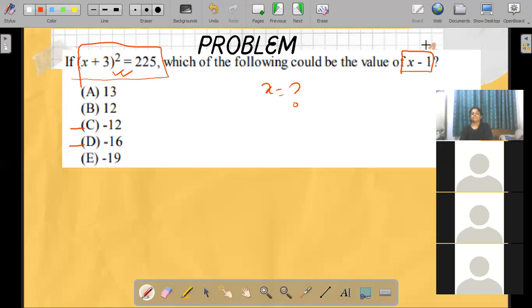Okay, Shraddha, can you please brief me how you went about this problem? Ma'am, actually, first I thought that 225 means it is the answer of 15 square. So I tried to find out which of these options, with x plus 3, is giving me the answer 15.